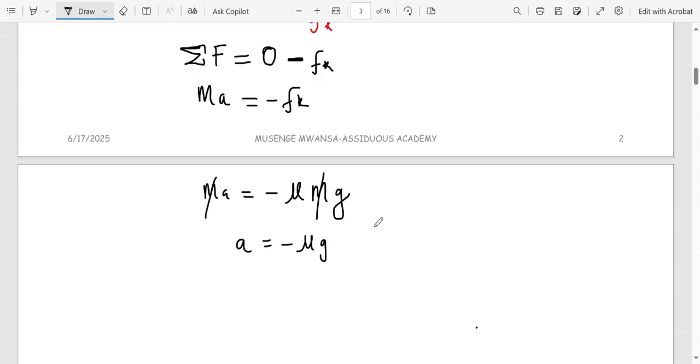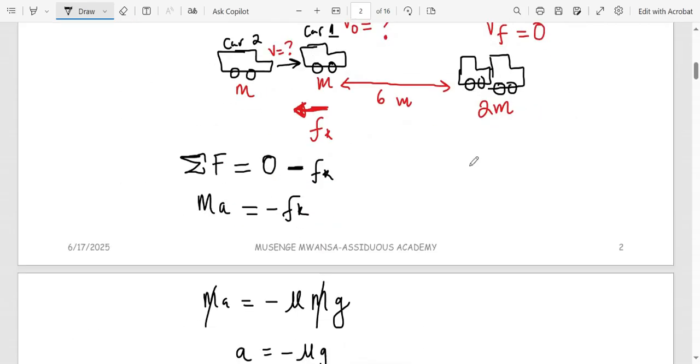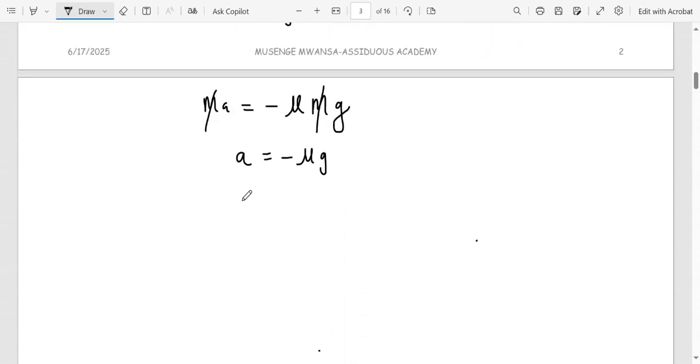The coefficient of friction in total is 0.7, so the acceleration is negative 0.7 multiplied by 9.8. So this car is going to have a negative acceleration, meaning it is decelerating because it is going to rest. That will be negative 6.86 meters per second squared.